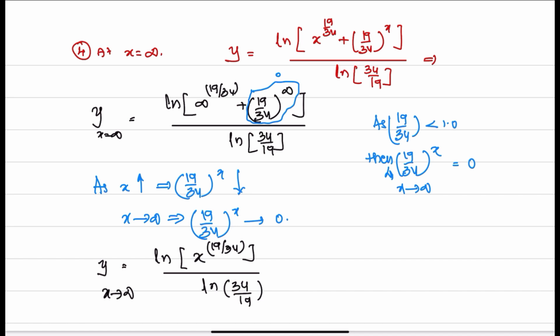Because as x is increasing, x to the power of 19 by 34 increases exponentially.